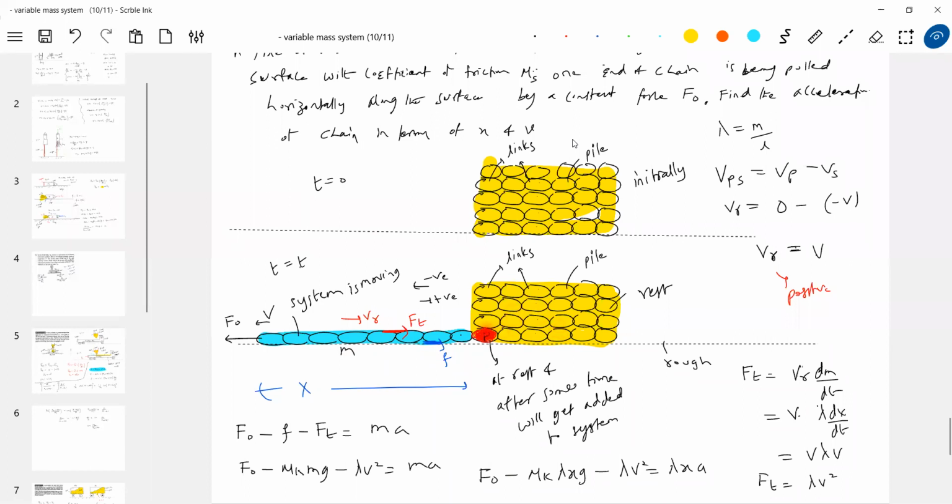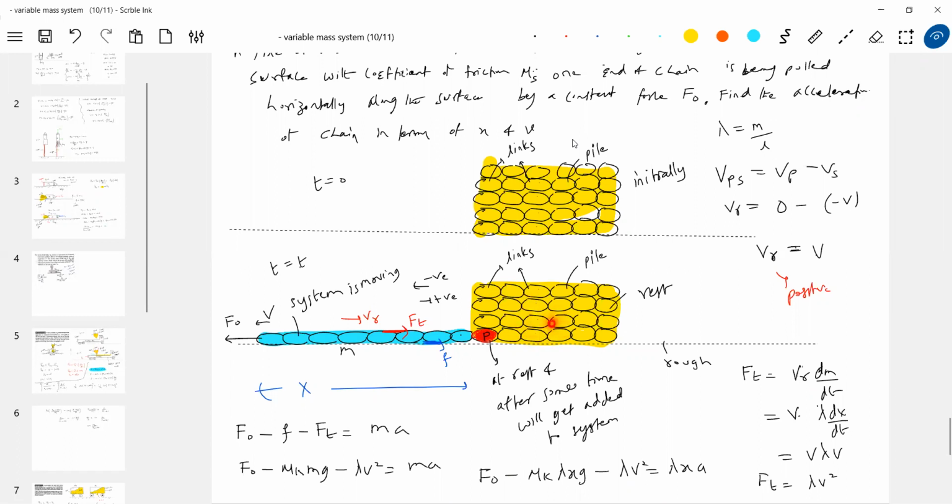In that case, what happened? This particular part will be at rest the moment it gets added, then it will be ejected here. Now the velocity of this will be in this direction. So calculate the velocity of the ejected mass with respect to the pile, then get the relative velocity. Then the system is losing mass, then get the thrust force.